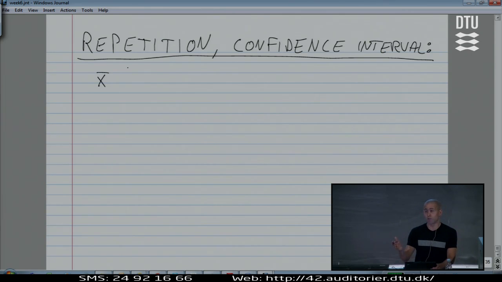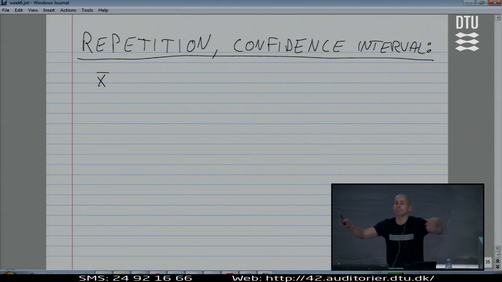As I said, we were taught to do this back in elementary school, 2nd, 3rd, 4th grade. We were taught the first time how to compute an average. Now, the new thing in this course is that we do not only compute this average, we put an interval on it. That's as difficult as it is, right? We put an interval on the average to include the uncertainty, the variability, the randomness of this average.